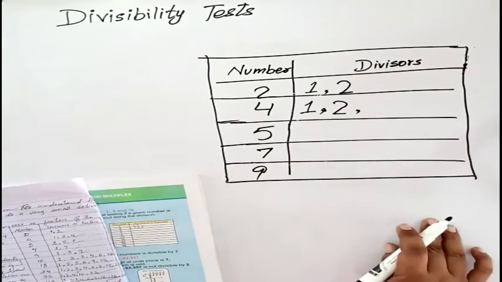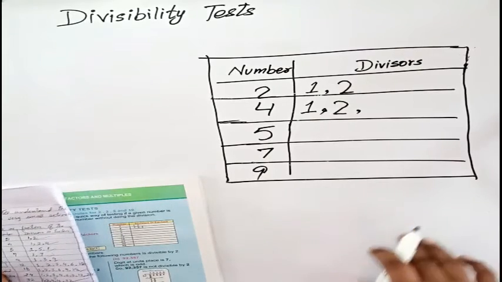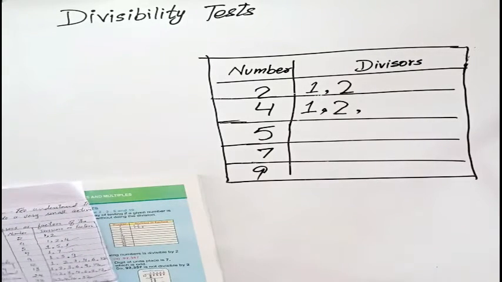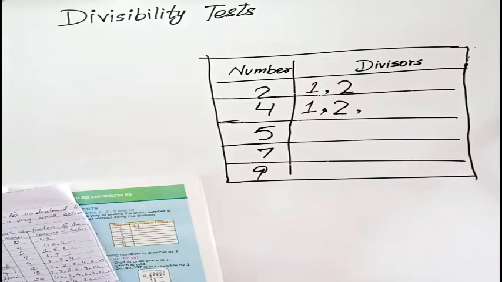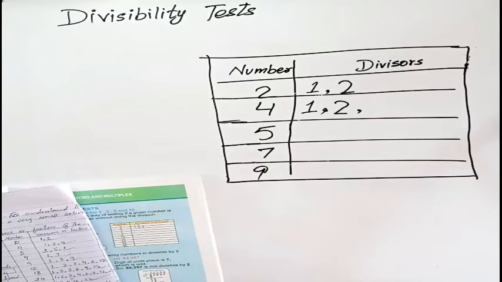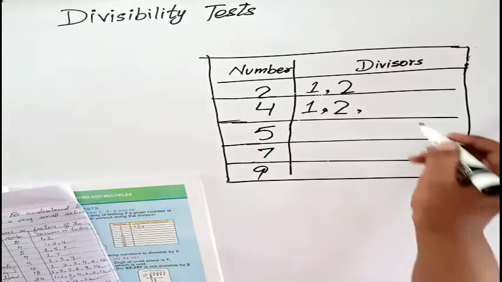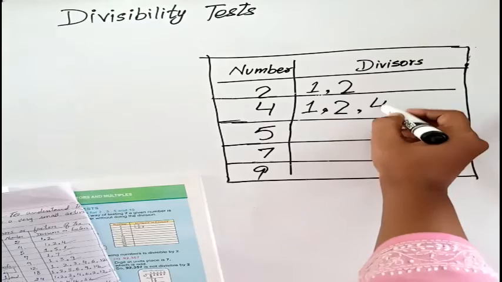After that, count the table of 3. 3 ones are 3, 3 twos are 6, 3 threes are 9. In the table of 3, 4 does not come. After 3, the table of 4. 4 ones are 4, yes, 4 ones are 4.